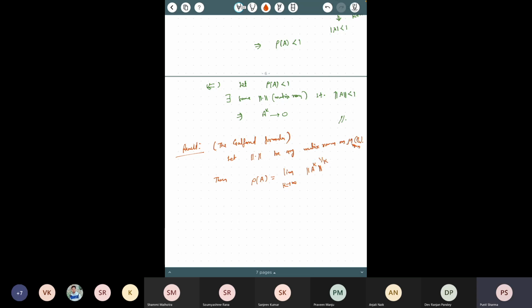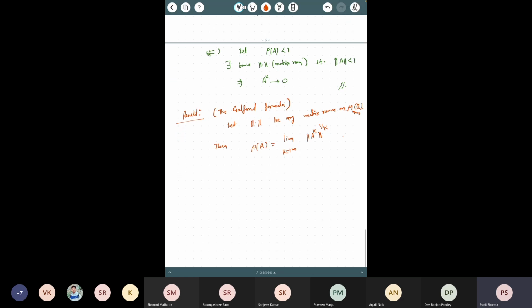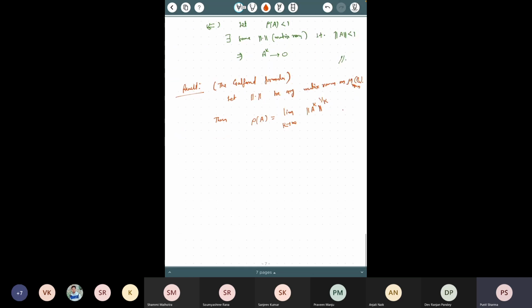So this is a very standard result, but we are not going to use this. This is just for your information that in fact we can find, for any given matrix A using any matrix norm, the spectral radius of A.